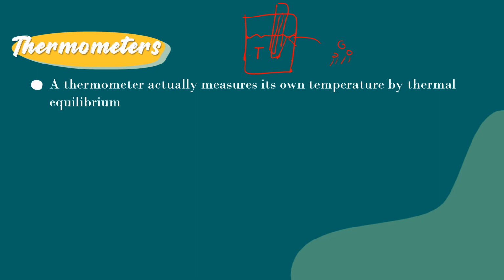And so once those particles in the thermometer move rapidly, it suggests that the average kinetic energy of those particles will increase, and in turn will increase the temperature. And that temperature is the temperature reading that you can see in the thermometer.